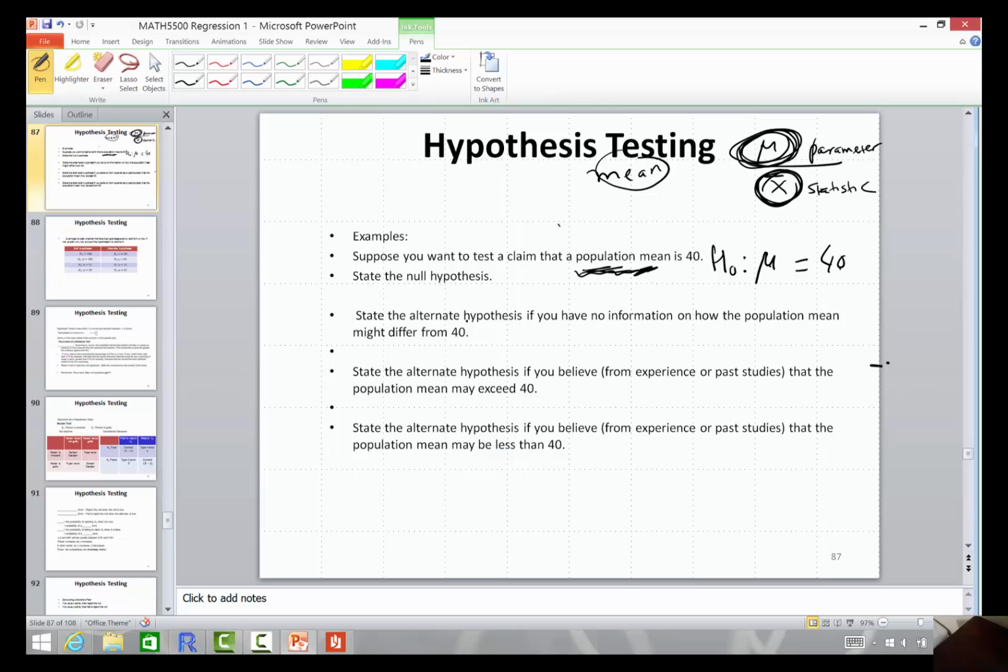State the alternate hypothesis. The alternate hypothesis is H1. If you have no information on how the population mean might differ, that means if the key word is differ, then you will do mu, same mu here, same 40 here. When this says differ, this symbol comes. Let me show you once again.